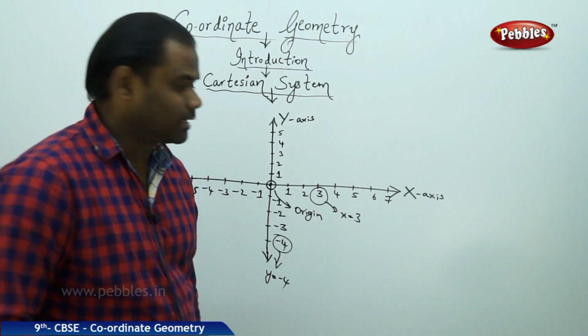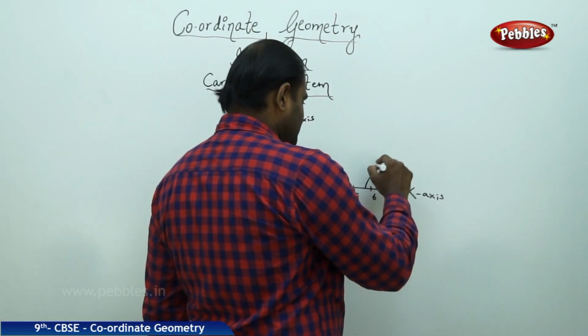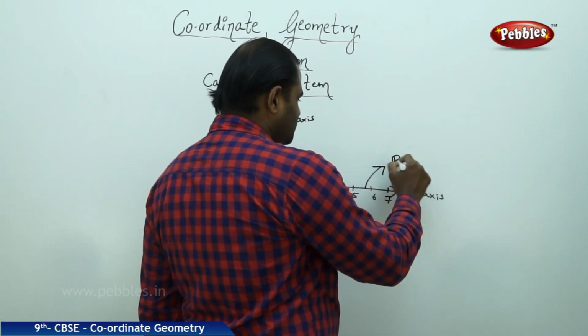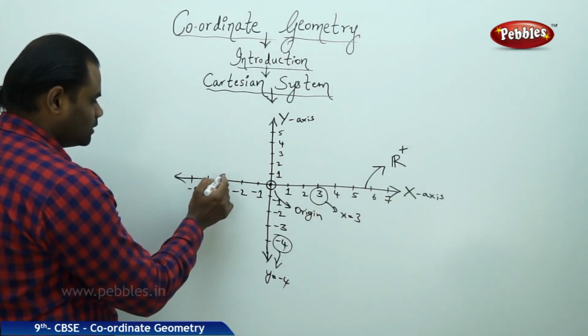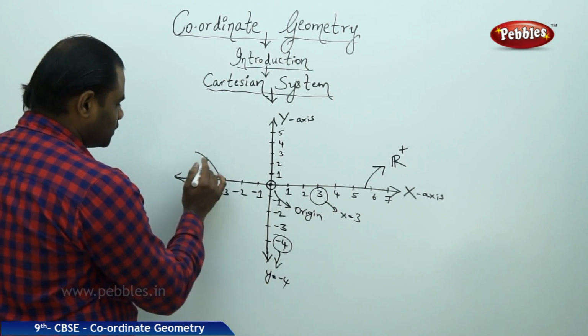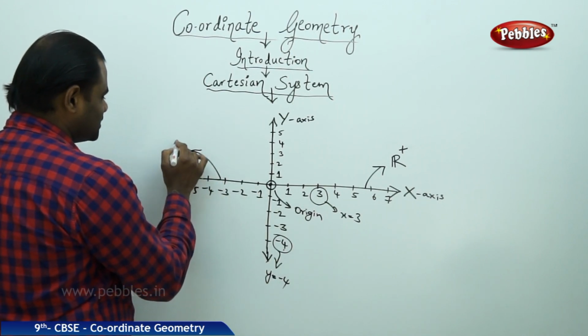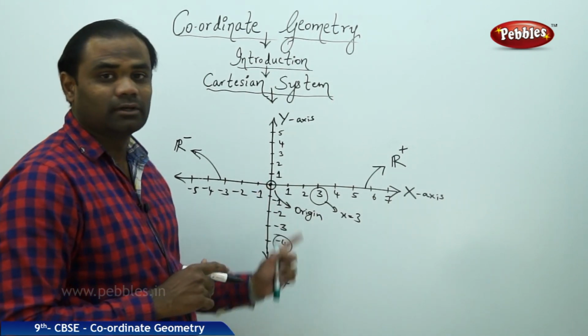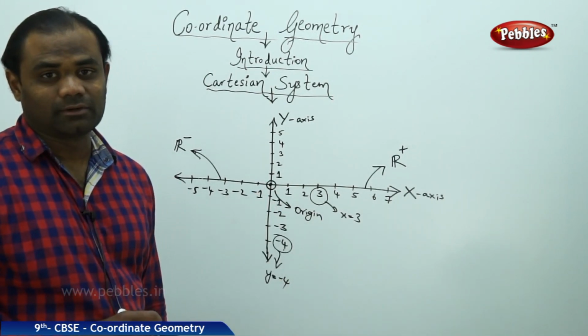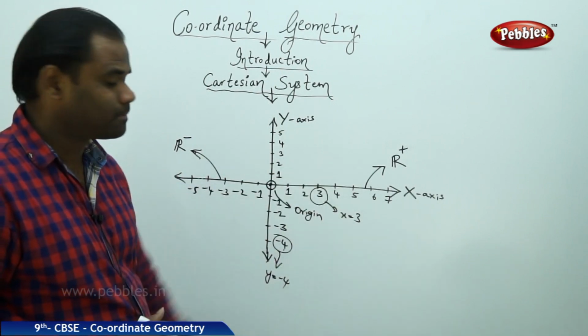Also, we note that all the numbers on the right side of the x-axis are positive real numbers, and all the values on the left side of the origin on the horizontal axis are negative real numbers, with the origin being the fixed point of intersection of both axes.